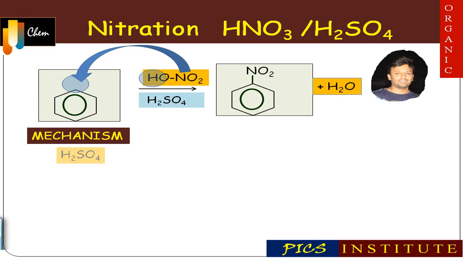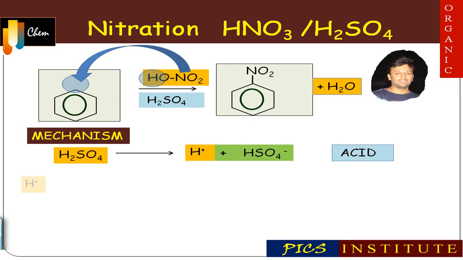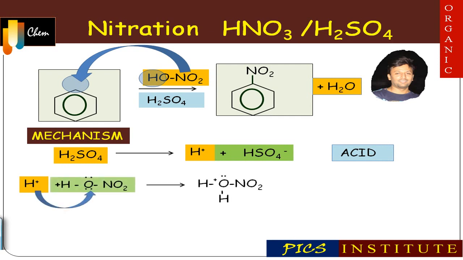Mechanism can be represented as follows. First of all, sulfuric acid splits as proton and HSO4 negative ion. Nitric acid accepts this proton to form a positively charged species.